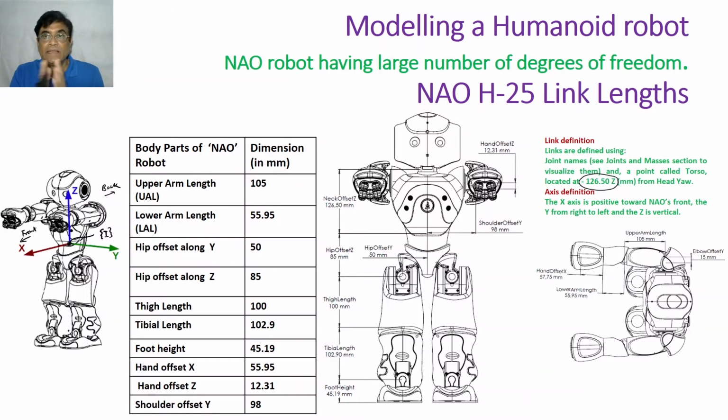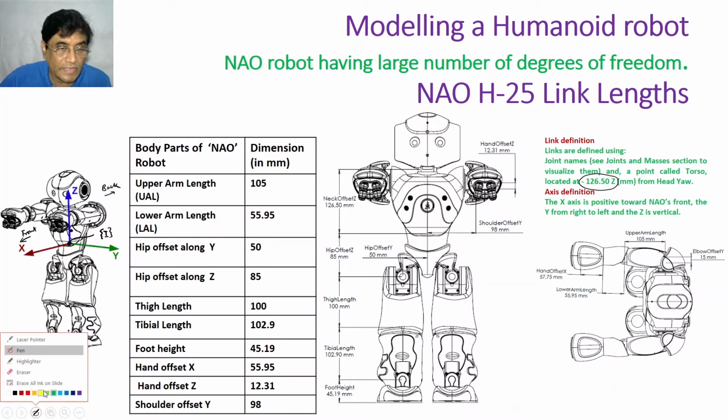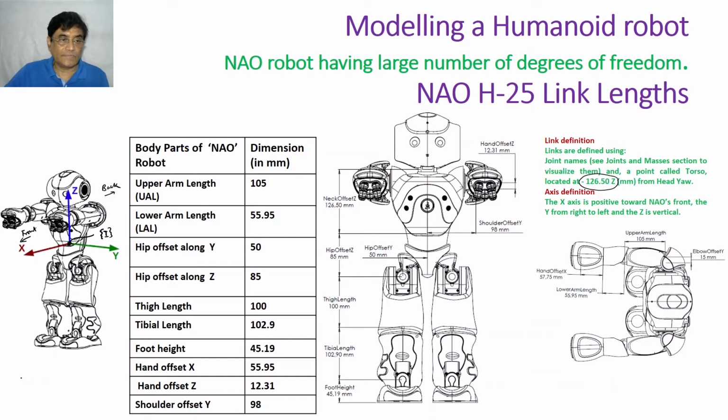And once this forward kinematics for head, for arm, and for leg are done, then the entire robot is known to you. So here is the inertial coordinate frame or home coordinate frame, and now NAO can actually walk. So you need an additional coordinate frame to actually capture the motion of NAO.